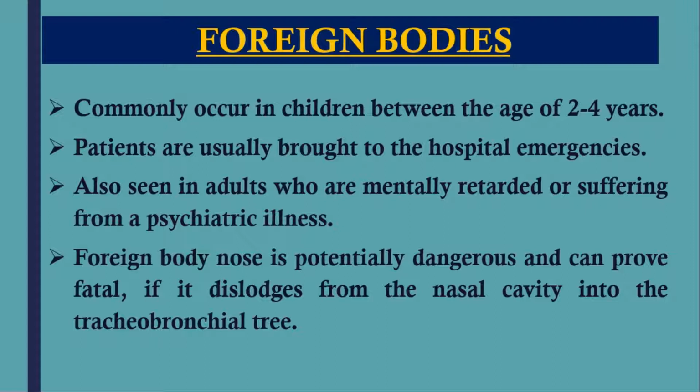Patients are usually brought to the hospital emergencies, and it is also seen in adults who are mentally retarded or suffering from a psychiatric illness. Foreign body nose is potentially dangerous and can prove fatal if it dislodges from the nasal cavity into the tracheobronchial tree.